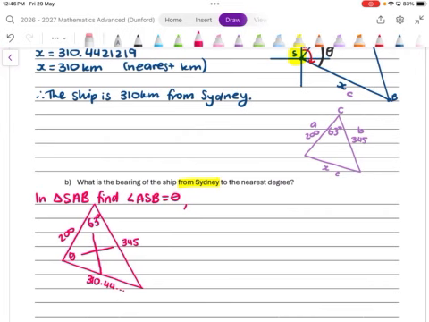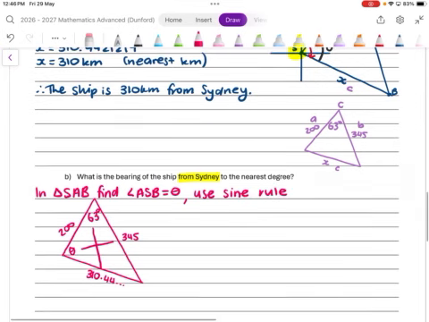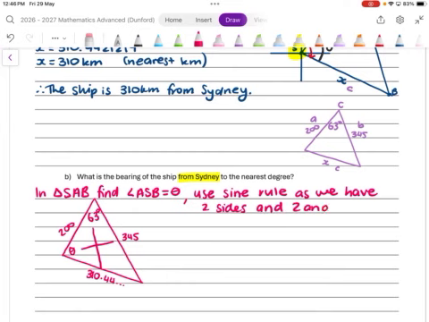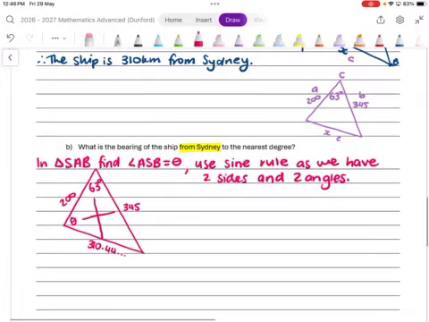So I'm going to use sine rule as we have two sides and two angles. Okay, so our sine rule that we're using is sine A over A equals sine B over B.